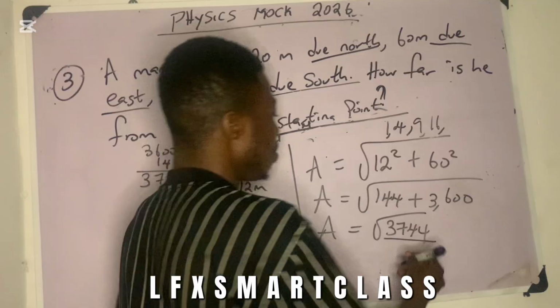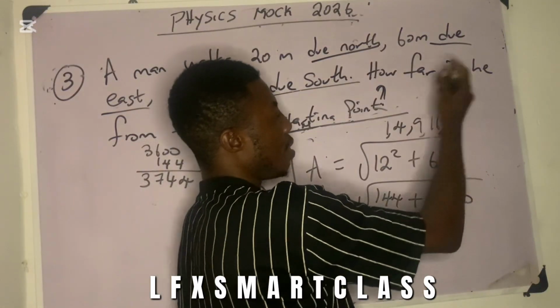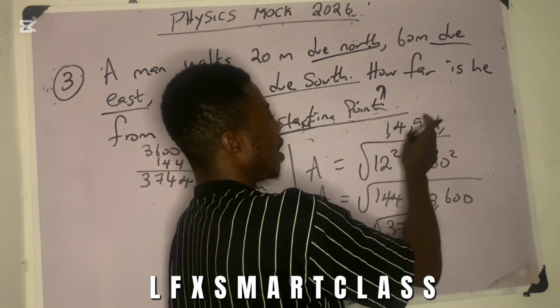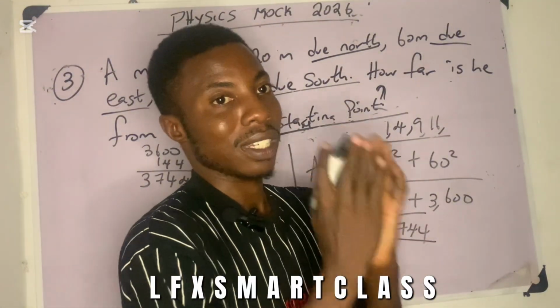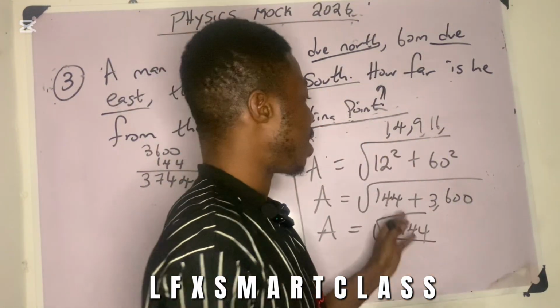So I use this number now to start dividing by some perfect squares: 1, 4, 9, 16. Any that does not give me any decimal means that particular number can work on this.